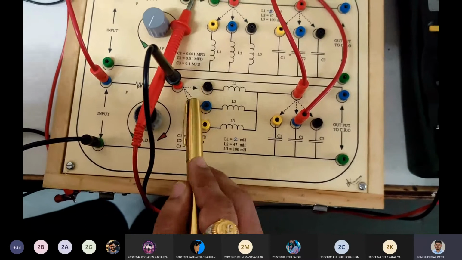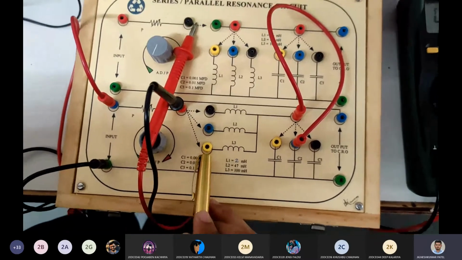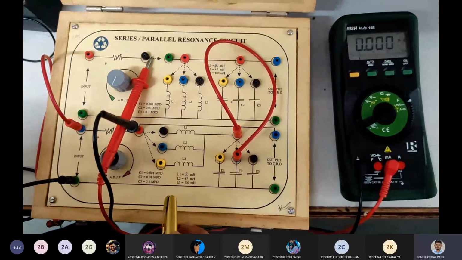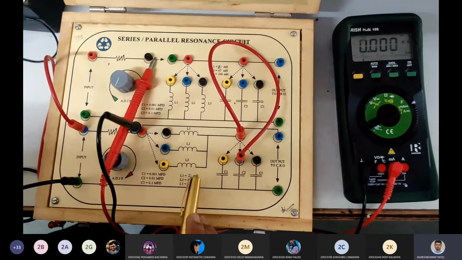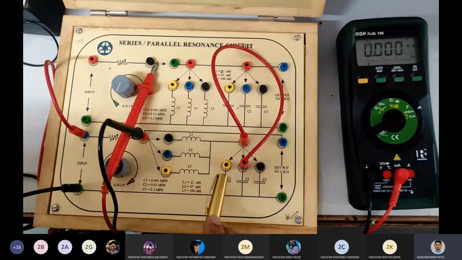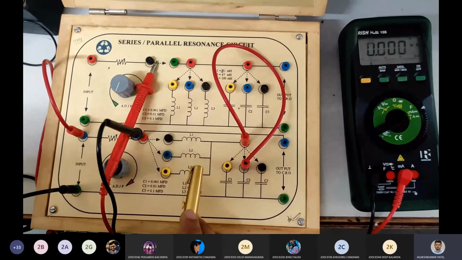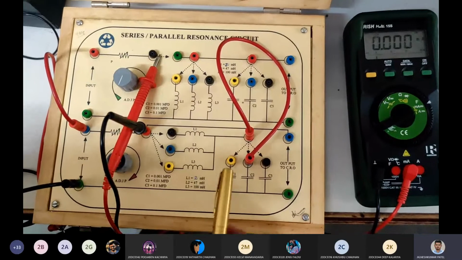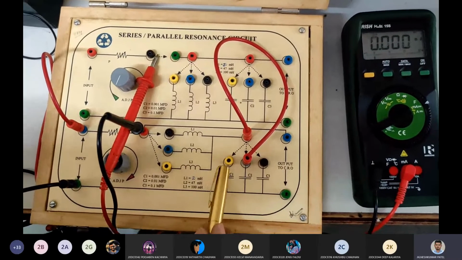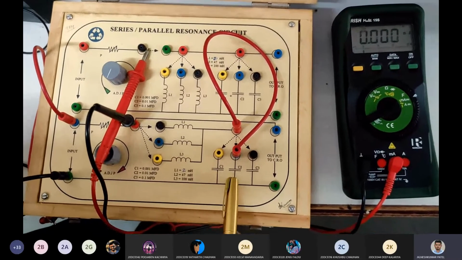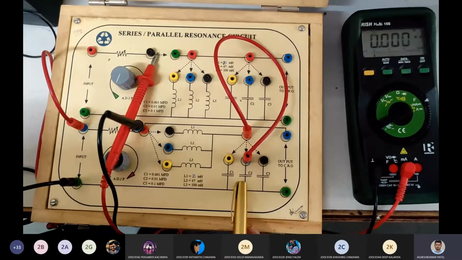As we know, for the voltage we want to measure across the component, and for the current we will measure through the component. So in this circuit configuration we will select C2.